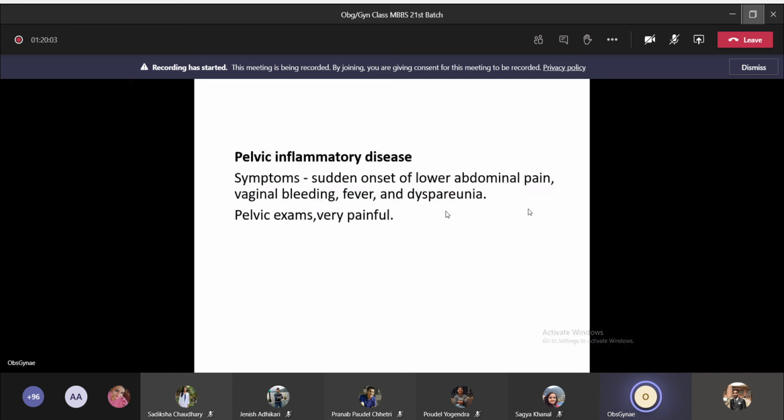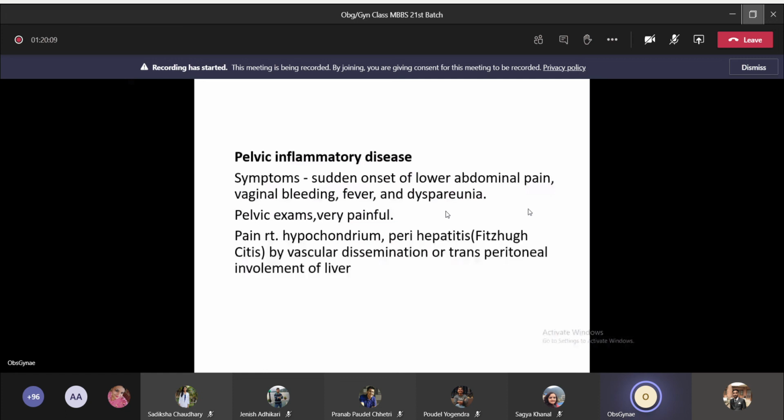And pain at the right hypochondrium may occur sometimes when it rises upwards, and there may be perihepatitis, caused by vascular dissemination or transperitoneal involvement of the liver.